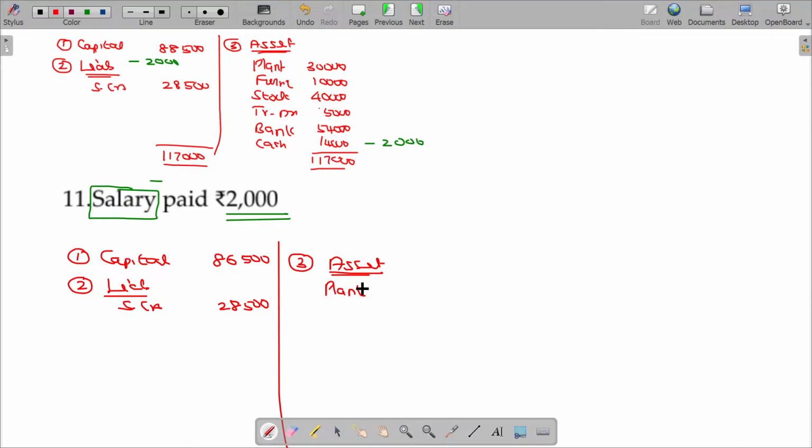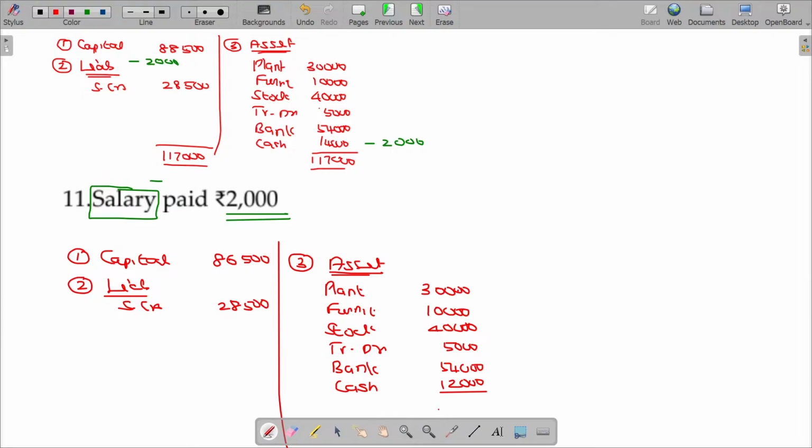So the plant being 30,000 and the furniture being 10,000 and stock being 40,000, trade debtors being 5,000, bank being 54,000, cash from the 14,000 is subtracted, so the value being 12,000. Now what is the total of balance sheet here? 1,15,000 is the new balance sheet total after the 11th transaction.